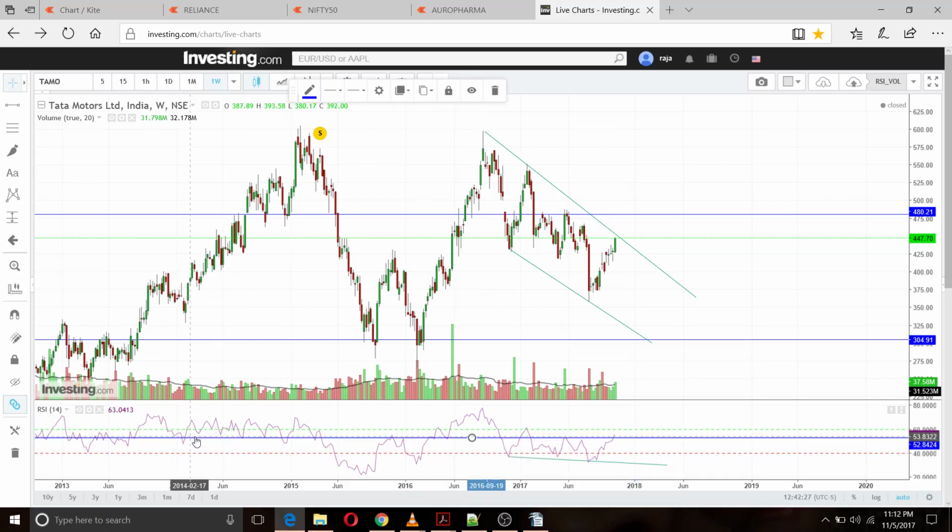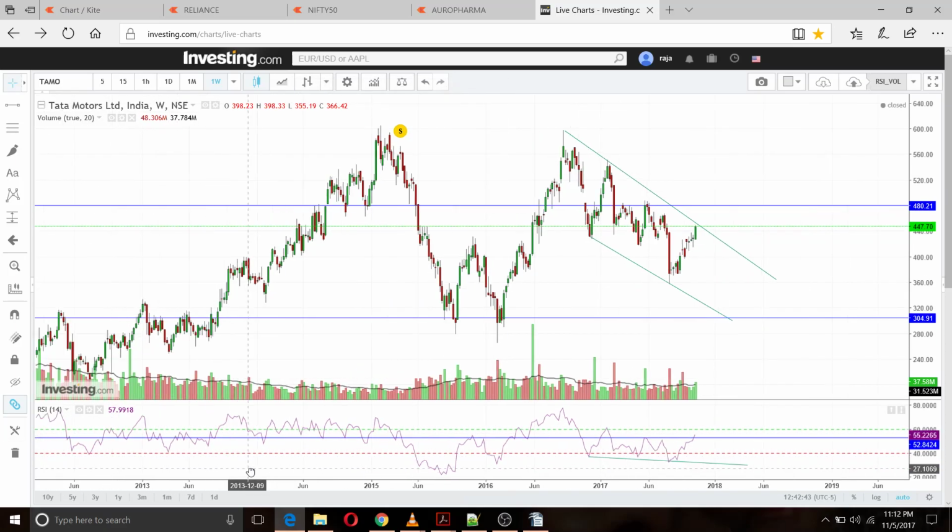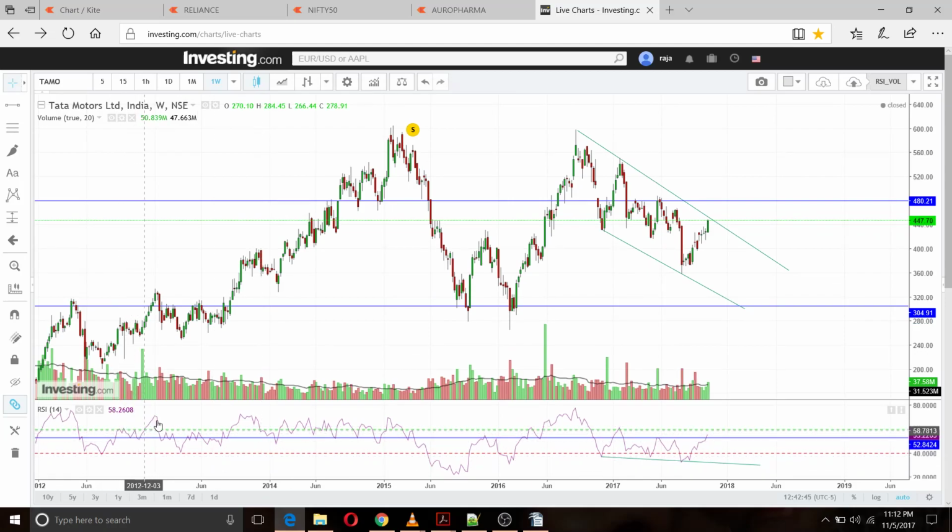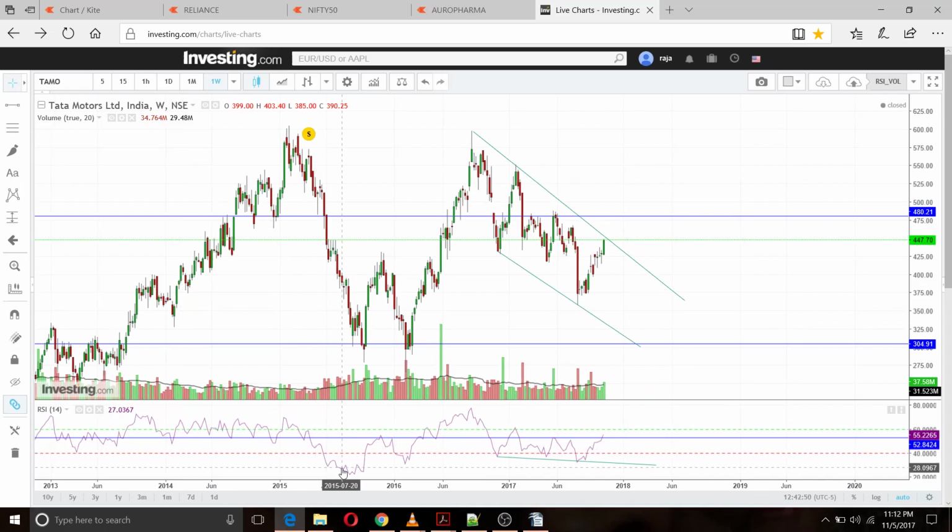If you see, this level of RSI is quite prominent, that is 50, around 53. This is a place where it has taken support several times. Also if I go back, it has been taking support at this level many times.